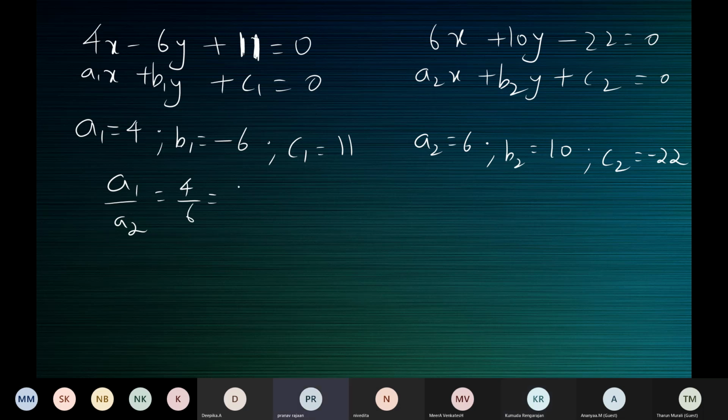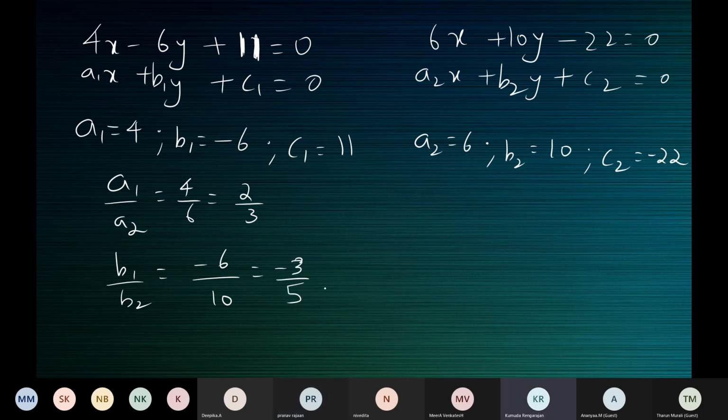If we cancel 2, it is 2 by 3. What is B1 by B2? Ma'am, it's minus 6 by 10. If we cancel, minus 3 by 5. What is C1 by C2? Ma'am, it's 11 by minus 22. In the 11 table, it comes 1 by minus 2. Now we have the ratios, right? Okay, thank you, Pranav. You're right.